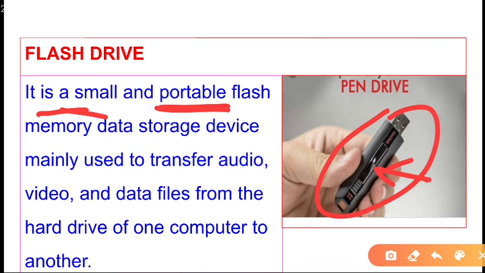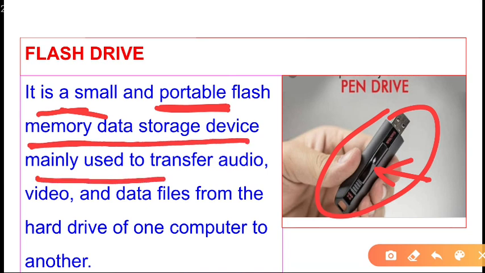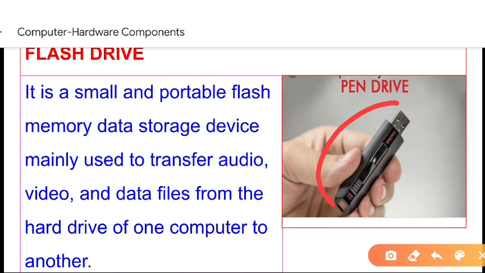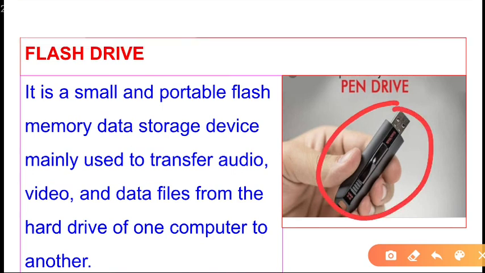It is a portable flash memory data storage device, mainly used to transfer audio, video and data files from the hard drive of one computer to another. So mainly this is used to transfer files from one computer to another.